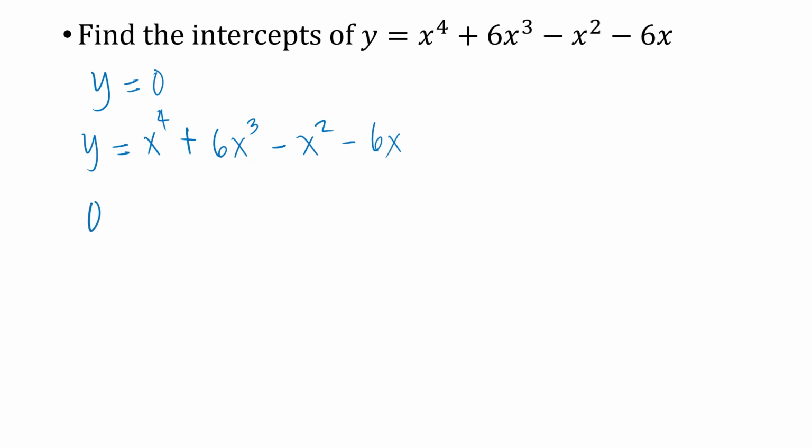Then we have 0 is equal to x raised to the power of 4 plus 6x cubed minus x squared minus 6x. Then after that, we can factor this completely by grouping. So we can group this.